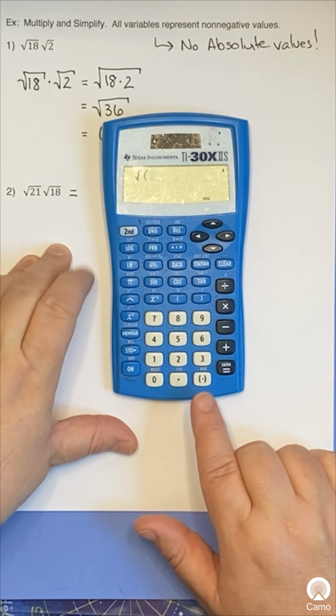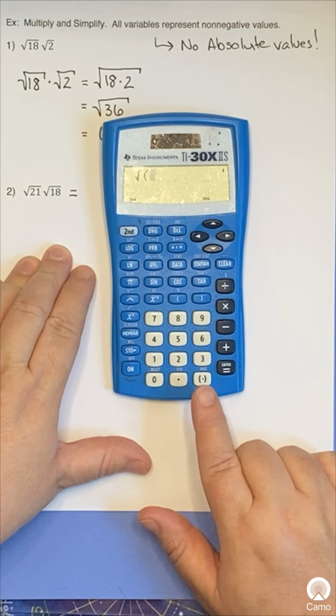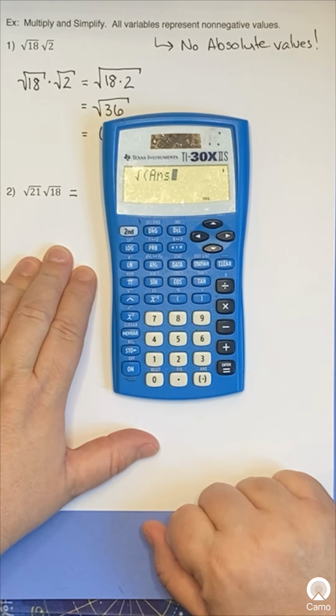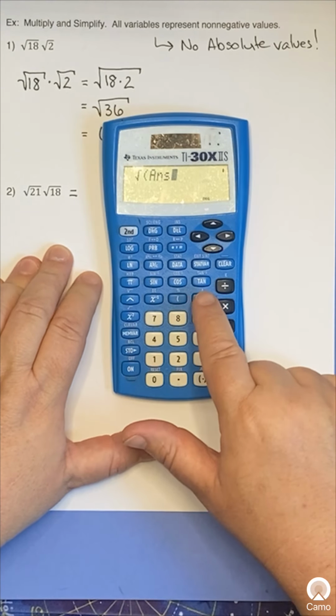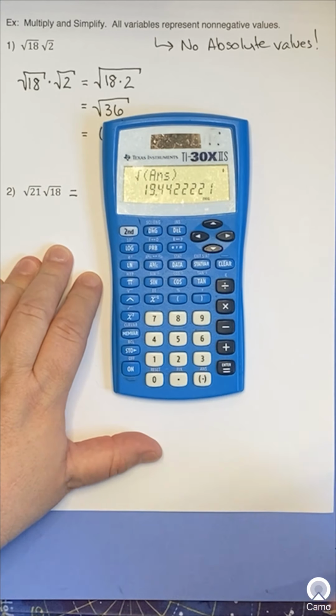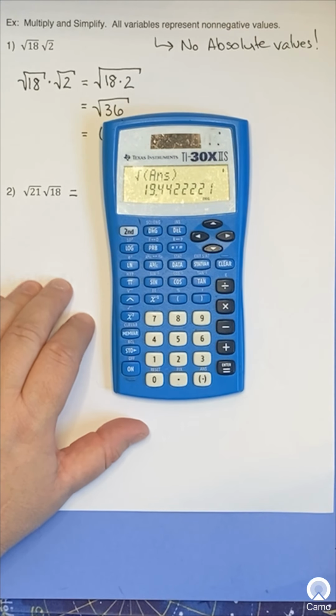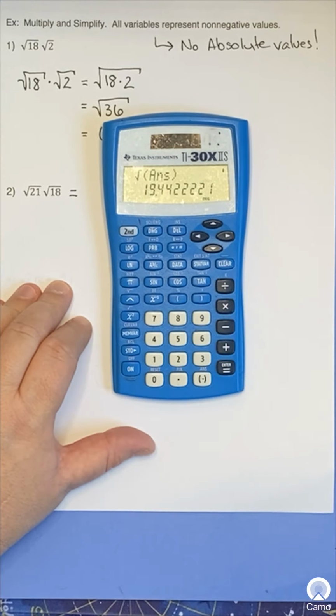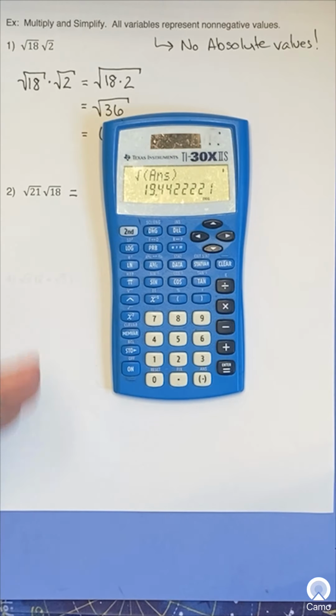That's the previous answer. So I go second, answer. It tells me to take the square root of the previous answer, and that is a mess. That is an approximation for the square root of 378, and that's fine. But in this section, we're looking for exact values.